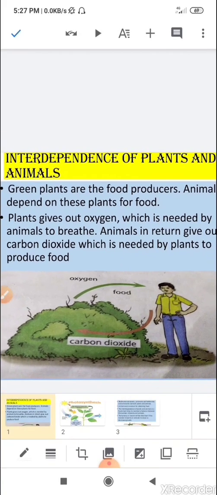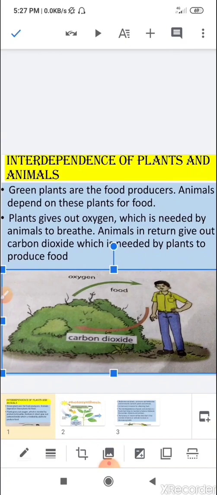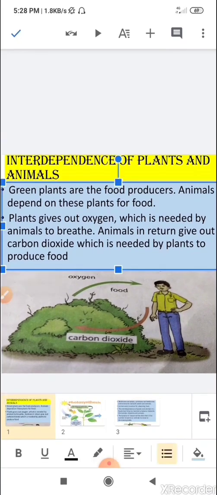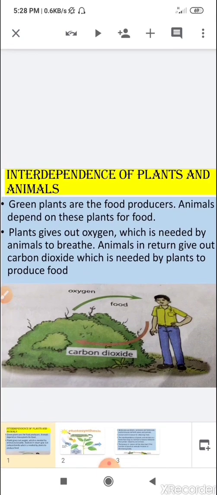And tell me, the non-green plants, why are they not able to make their own food, why do they depend on others for their food? Very good. Due to the absence of chlorophyll, because chlorophyll is necessary for plants to make food.